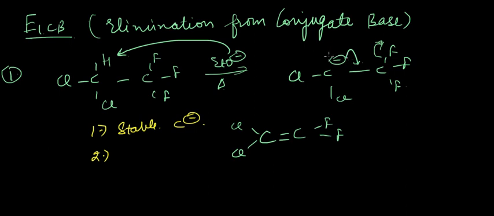So in the same case, instead of partial charge, we have a complete carbanion, not carbanion character, we have a real carbanion. So this will actually drive the leaving of the fluorine atom, or F minus ion, which was a weak leaving group. Okay, so the second point is poor leaving group. Okay, hence this type of reaction takes place.